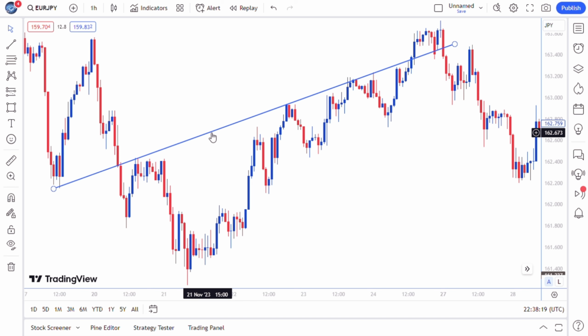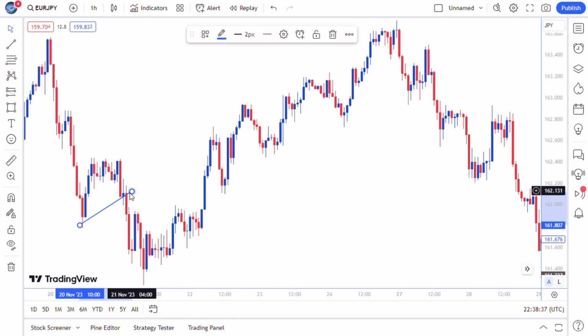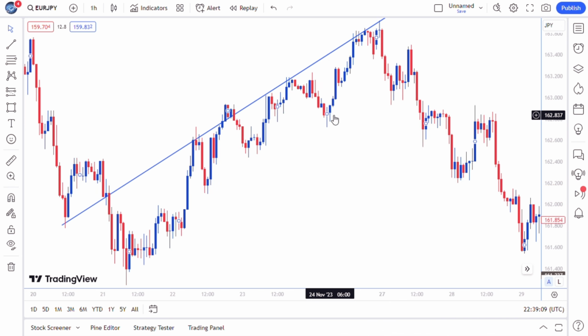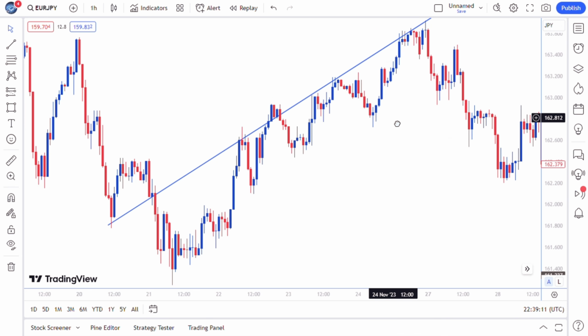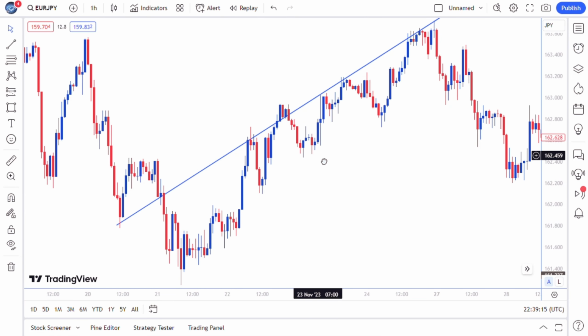Next, let's check out other possible levels for this trend line. Remember, what matters is that it touches more highs. This level seems to be more accurate.